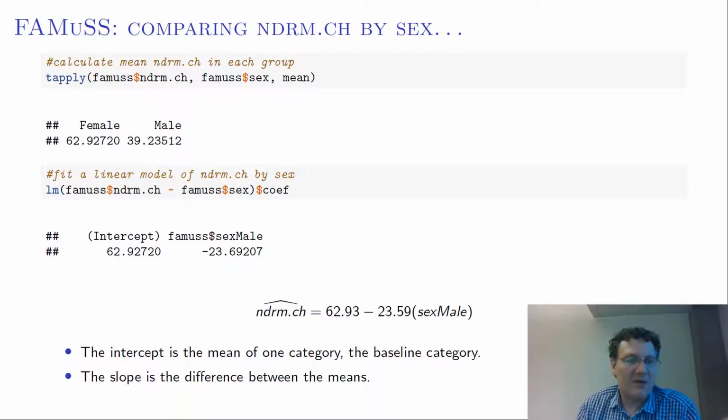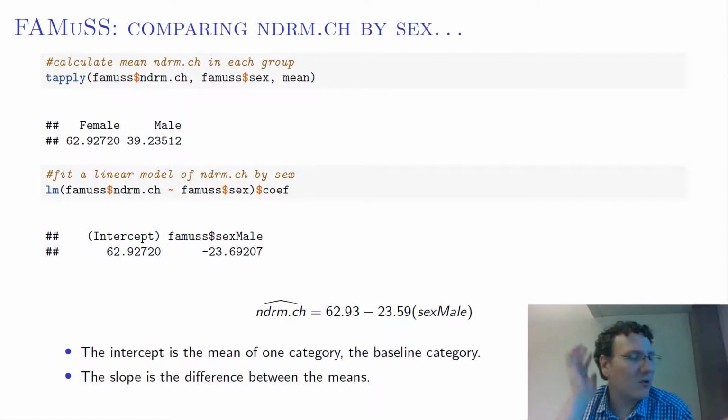Right. So first, what you see here is we're calculating the average percentage change in arm strength for females versus males. You can see it was on average 62.9272% for females, 39.23512% for males.